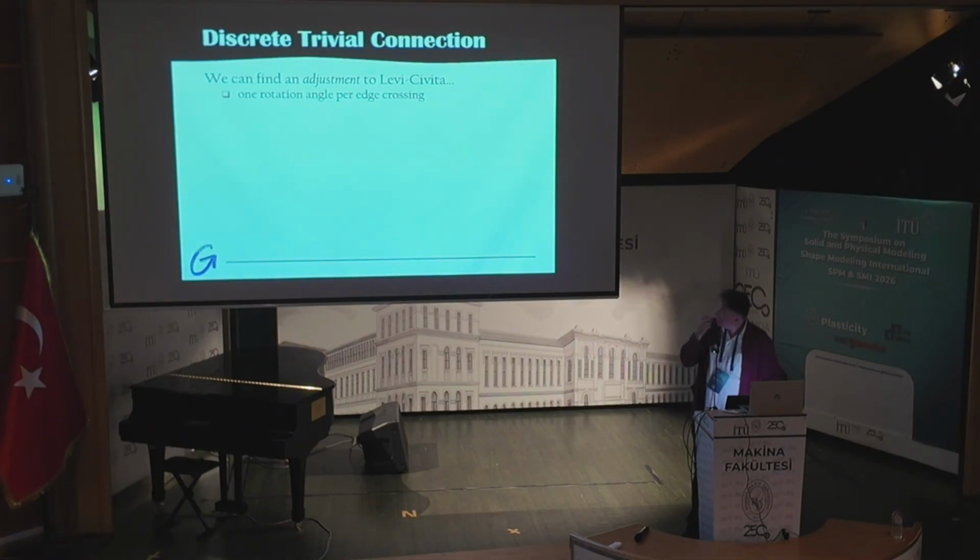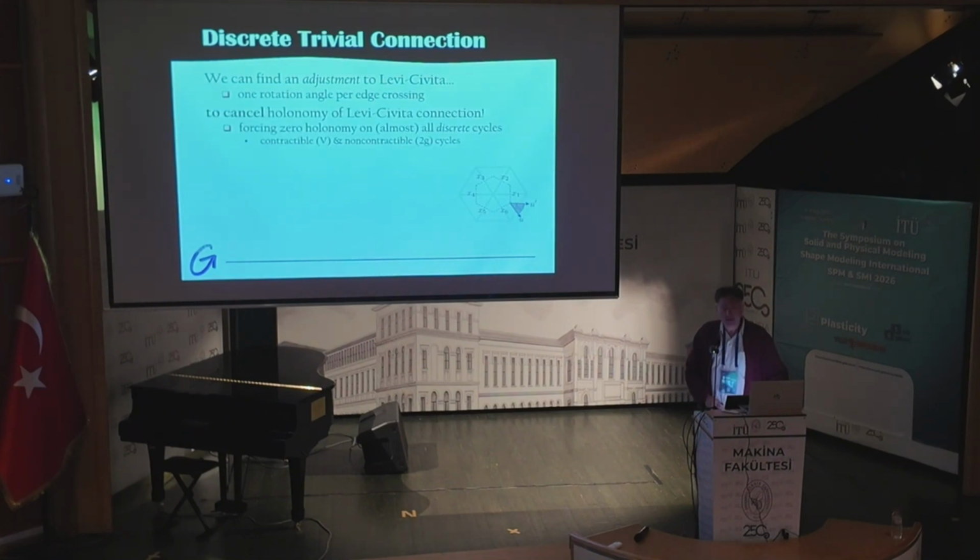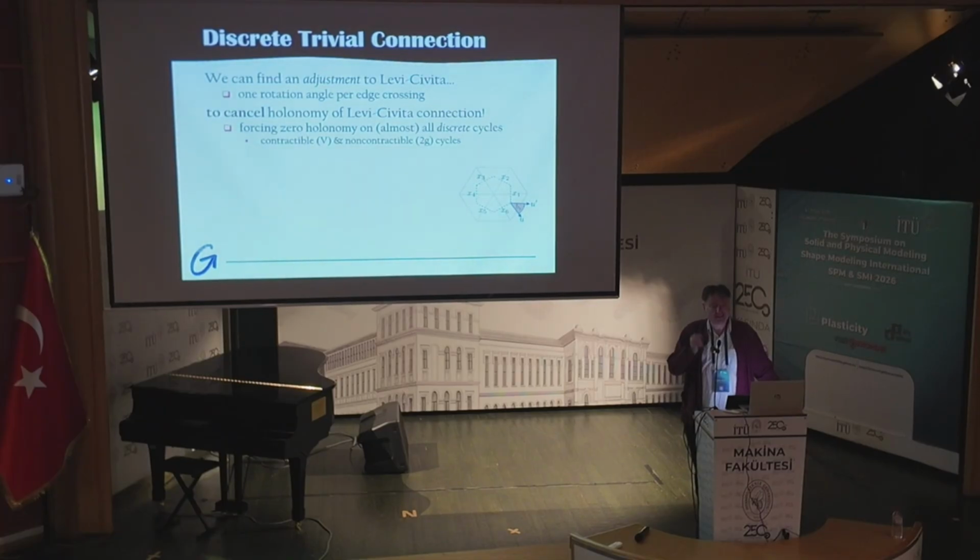Could we make them such that the holonomy that we had initially, remember the Levi-Civita connection, when you were doing a parallel transport around the vertex, you were not getting back to the same triangle. What if we mess with the Levi-Civita with this extra adjustment rotation, such that now on all the little loops the holonomy is 0, meaning that you're guaranteed that when you do parallel transport, you come back to the exact same place?